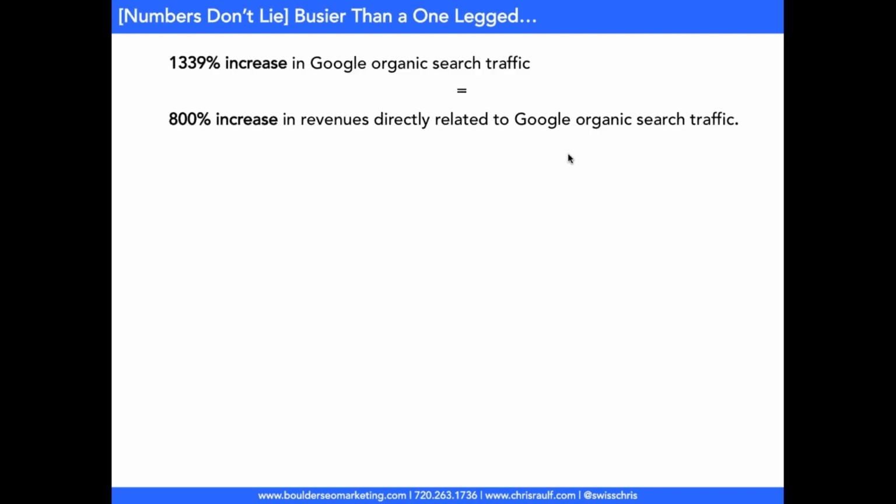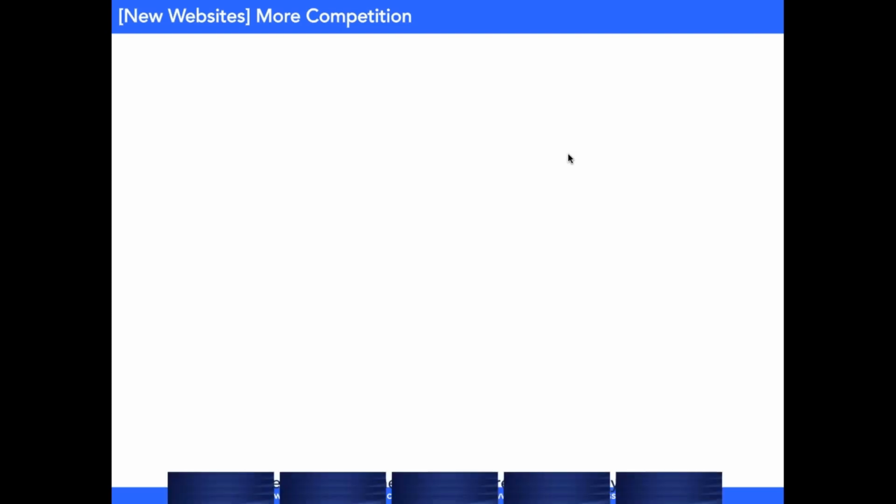But what about conversion? Well, that increase in Google organic search traffic actually correlated with an 800% increase in revenues directly from Google organic search traffic. If I would promise you, hey, I can get you a return like that in the market, I bet most everybody would jump on that opportunity.